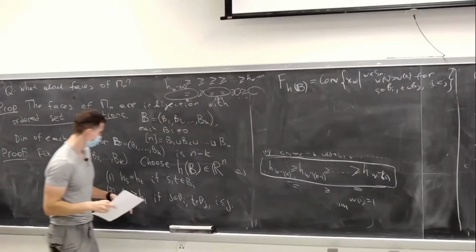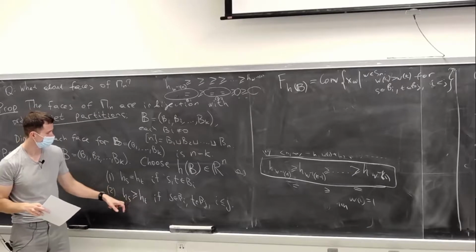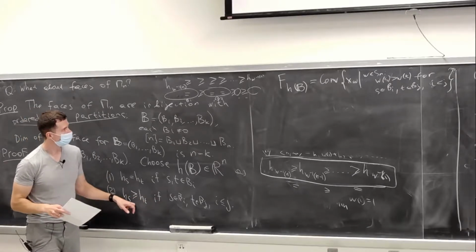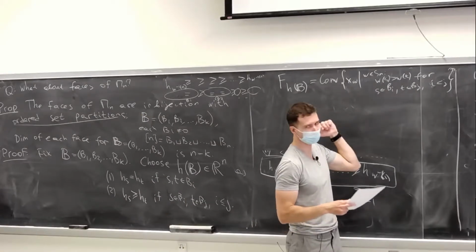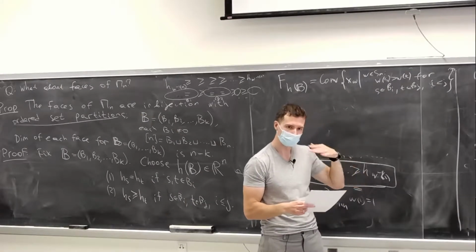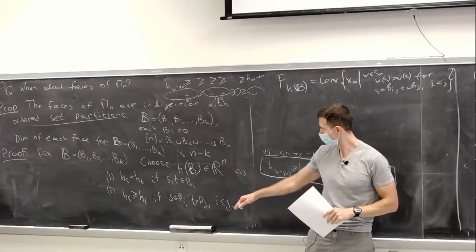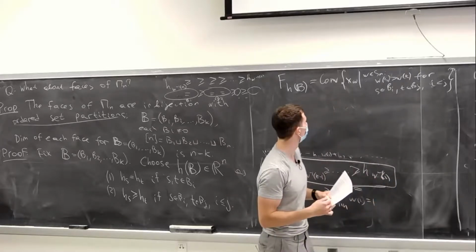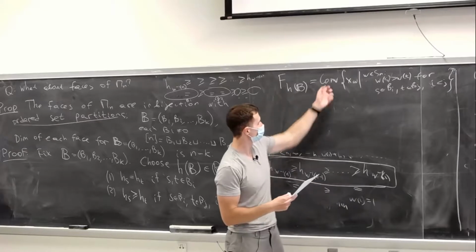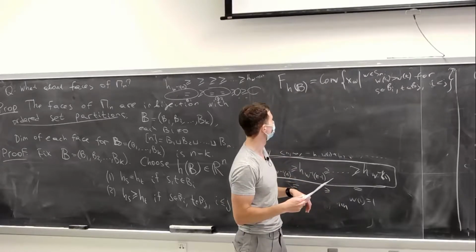So instead of non-strict inequalities, I basically take the set of permutations which resolve those inequalities. Kind of, I break the ties between the coordinates of h using these permutations. And so these are the vertices of my phase.